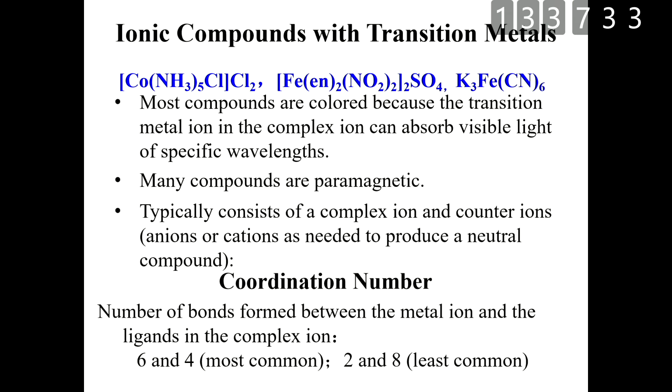Wait, you said the one inside there is minus 1. Yes, this is minus 1, but this part, the complex inside, is plus 1, right? So what is the charge of the iron?